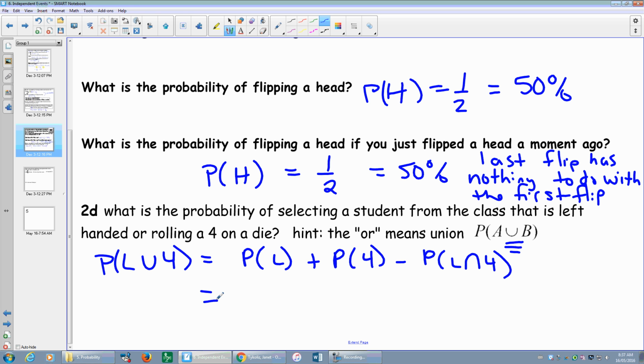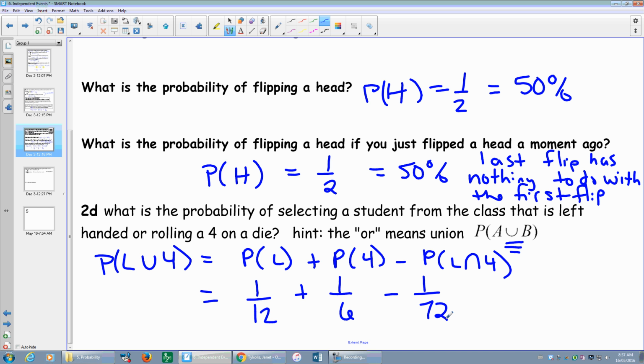So my probability of being left-handed was 1 over 12. The probability of rolling a 4 was 1 over 6. Minus the probability that you are left-handed and roll a 4, what was that, Natalie? 1 over 72.